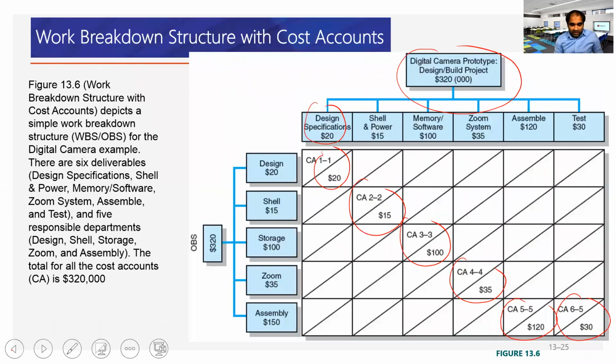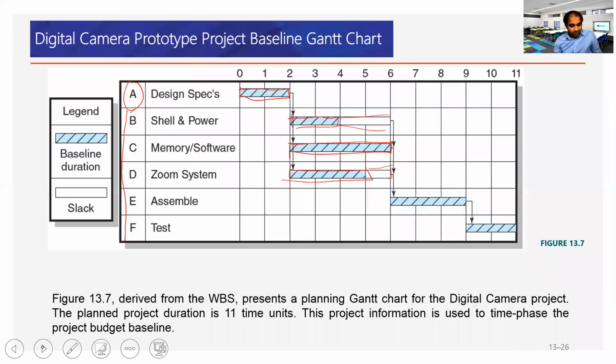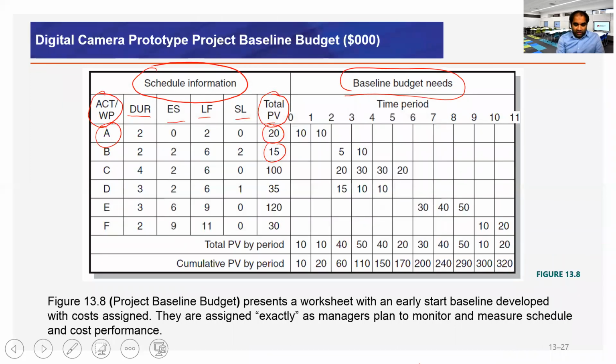Here we know that the PV, or planned value, for design and specification is already defined in the work breakdown structure during the planning phase. So we now have the planned value for each of the activities within the project.